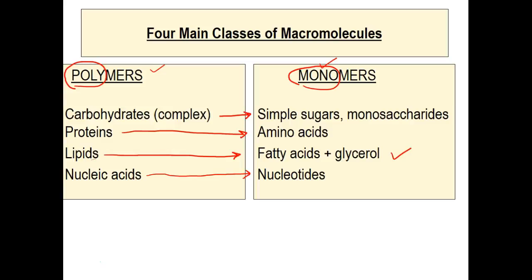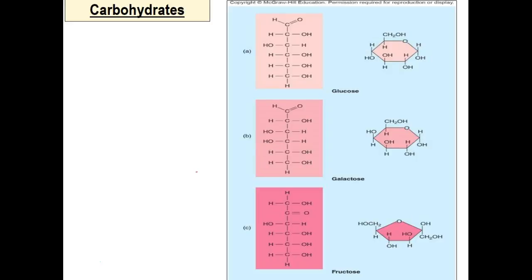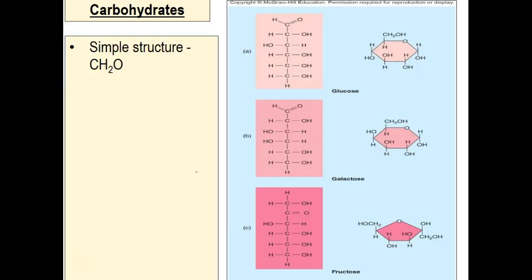On the next slide, you have the carbohydrates. Their simple structure is CH2O, carbohydrate. That should be easy to remember. They have C, H, and O in a 1 to 2 to 1 ratio. This is the body's quick energy source. It's a major form of energy, and carbohydrates can be found in rings and chains.